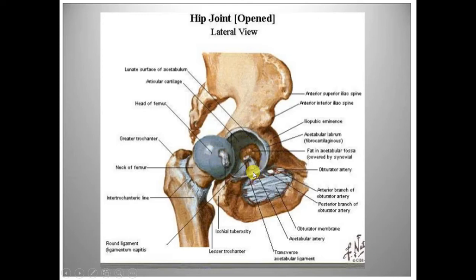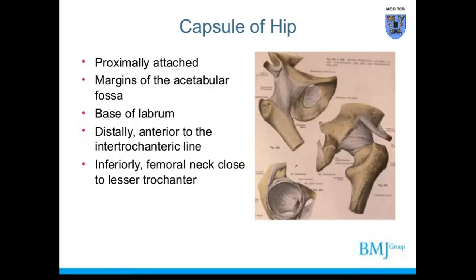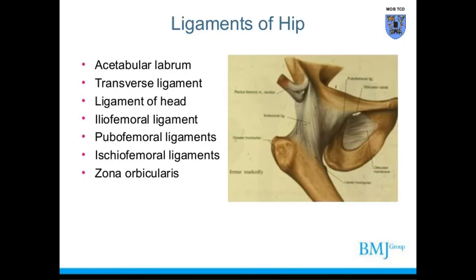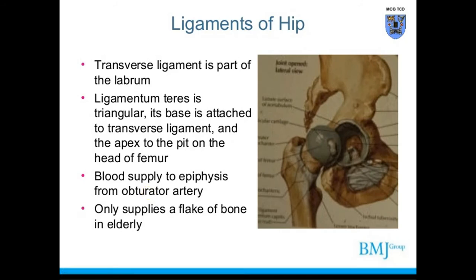There is a gap at the acetabular notch, and the transverse ligament fills this gap and converts the notch into a foramen. The other important ligaments are the iliofemoral, pubofemoral, ischiofemoral, and zona orbicularis. We will see these ligaments one by one.